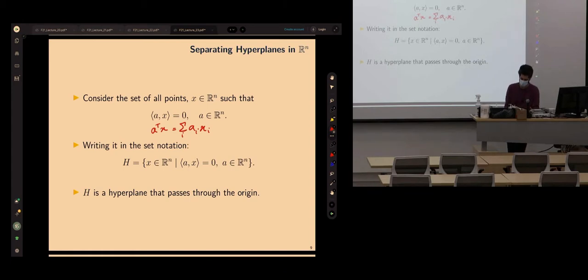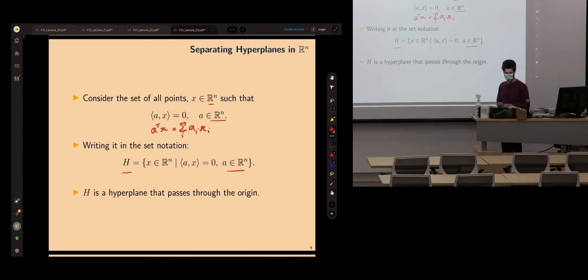So if X is now in Rn, our constant vector normal to what we now call a hyperplane should, of course, be in Rn as well. Our hyperplane is defined as all the points X in Rn such that the inner product of a constant vector A in Rn and X is 0. This forms a hyperplane. In 3D, that's a plane. In 2D, this is a line.